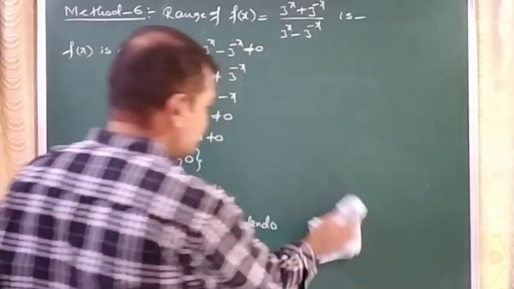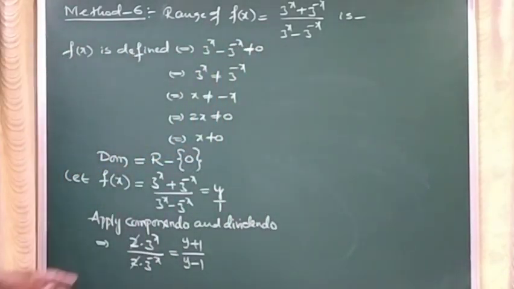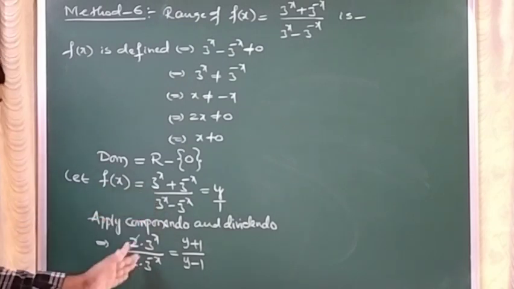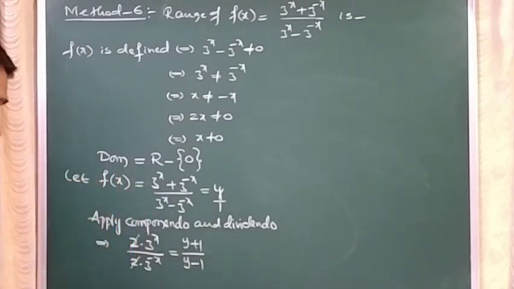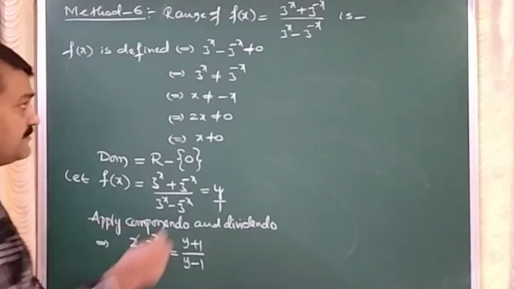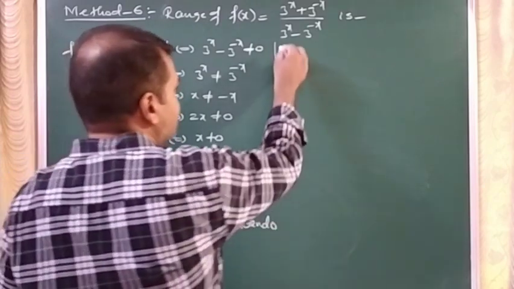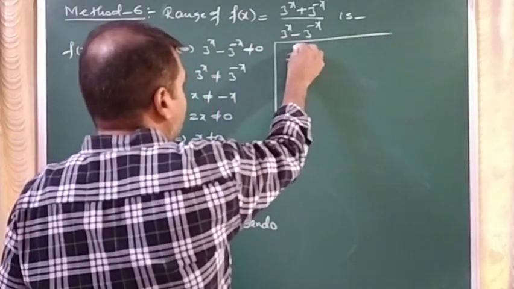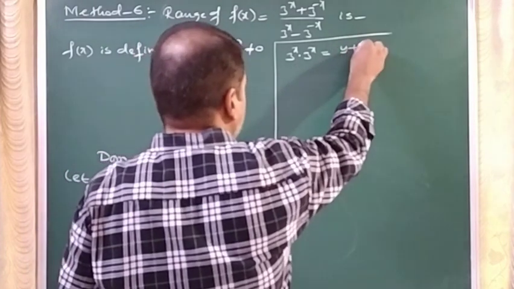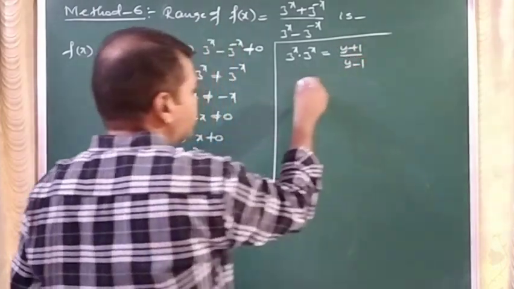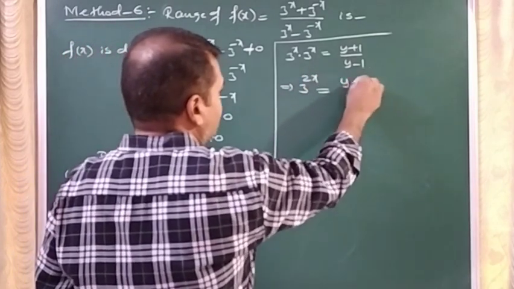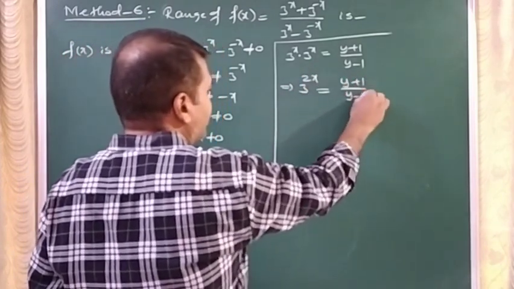When you shift 3 power minus x to the numerator, you will get 3 power x into 3 power x, which is 3 power 2x, is equal to y plus 1 by y minus 1.